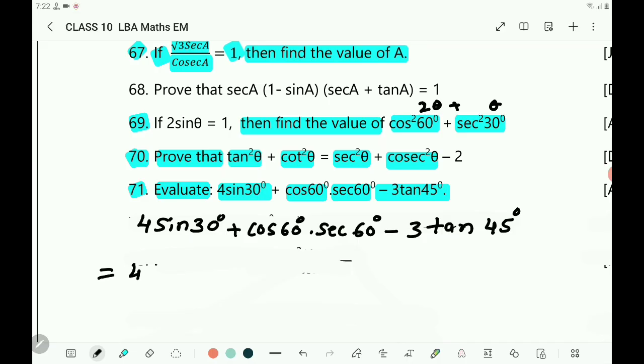equals 4 sin 30 degree. What is the value of sin 30? Sin 30 is 1 by 2 plus cos 60. Cos 60 is 1 by 2. Then secant 60.